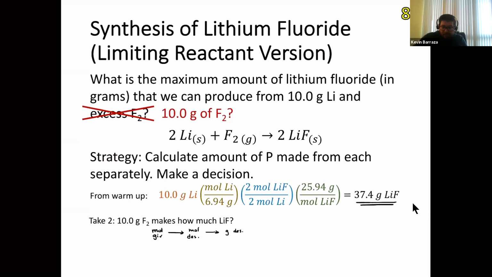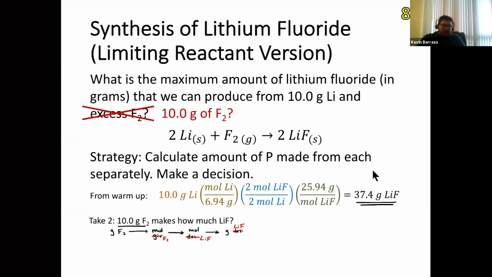Since we're trying to practice with now fluorine, it's going to be grams of F2. And then I'll go ahead and replace the rest of it. So this is going to be F2 because that's our given. We desire the LiF one more time. And so this is our flow chart again.